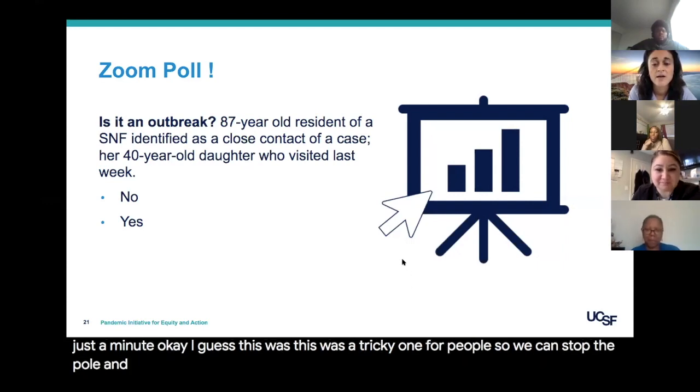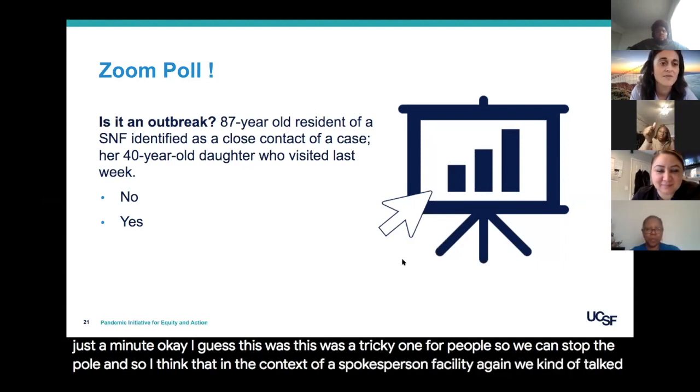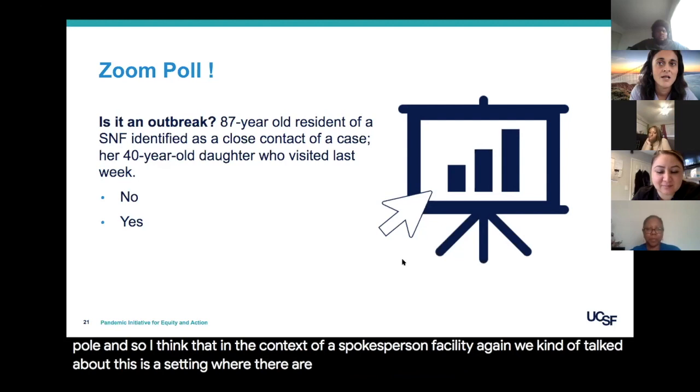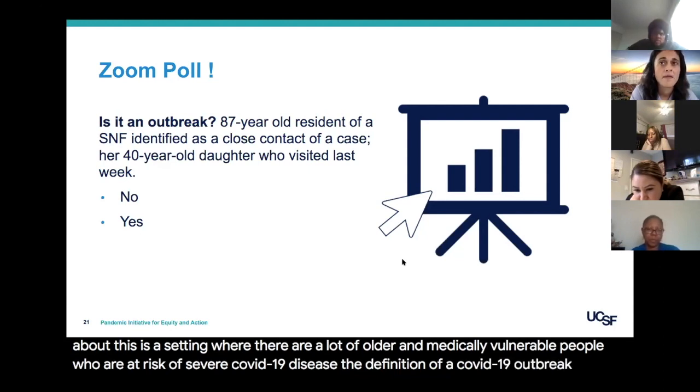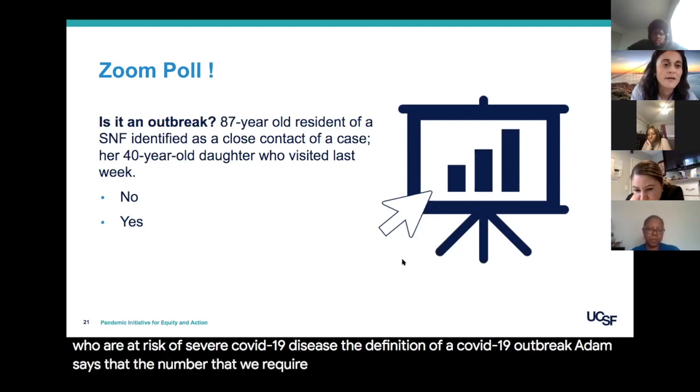And so I think that in the context of a skilled nursing facility, again, we talked about this is a setting where there are a lot of older and medically vulnerable people who are at risk of severe COVID-19 disease. The definition of a COVID-19 outbreak reflects that, and the number that we require is lower.